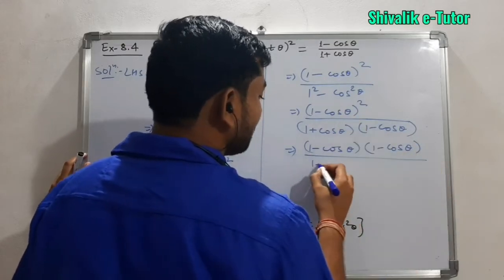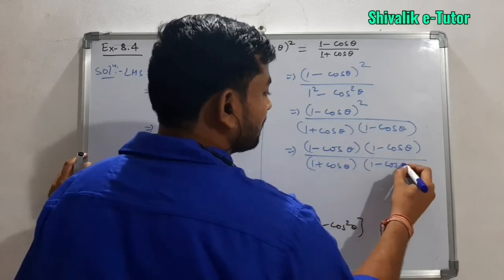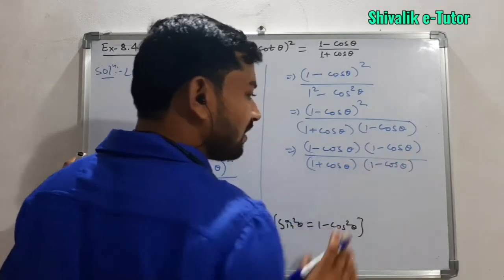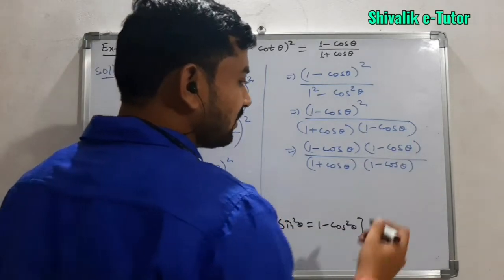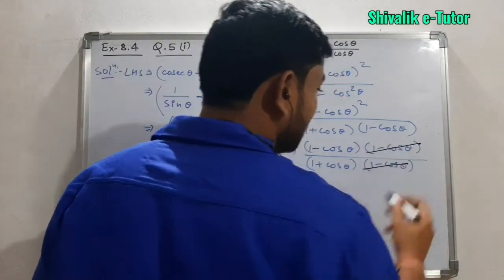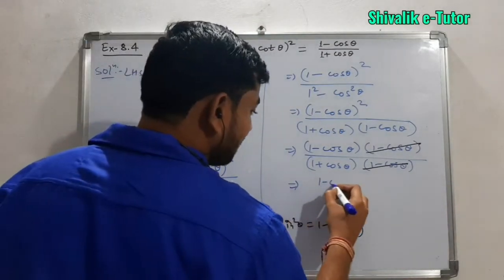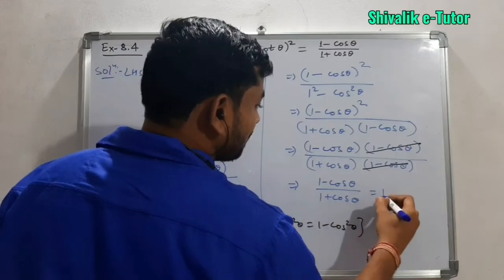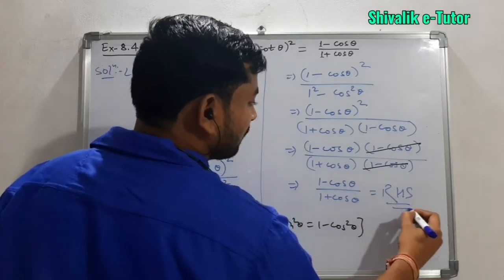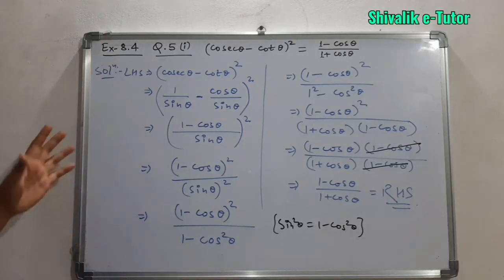When we wrote it twice, the expression came like this. Now in the numerator this expression and in the denominator 1 minus cos theta are the same, so this can be cancelled. So finally what we are getting here is 1 minus cos theta upon 1 plus cos theta, which is nothing but the RHS. So this is verified. This is a very simple question which is based on identity first.